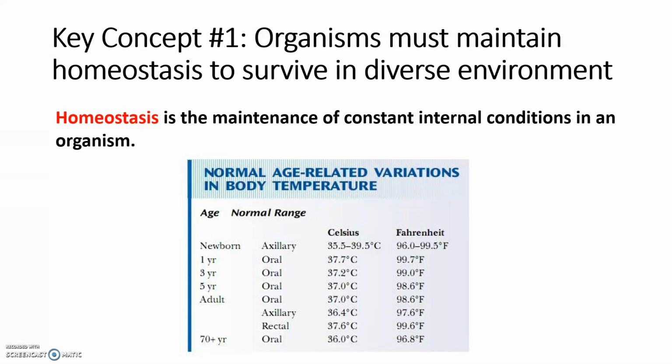Your body will react to this rise in temperature and try to get the temperature down to its original state, which is 37 degrees Celsius. So this is an example of homeostasis, in which the body is trying to maintain a constant temperature.